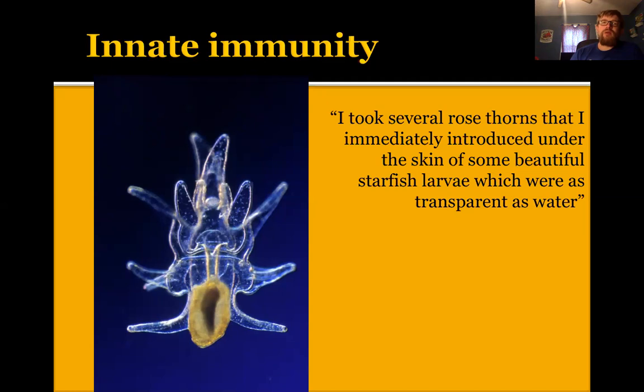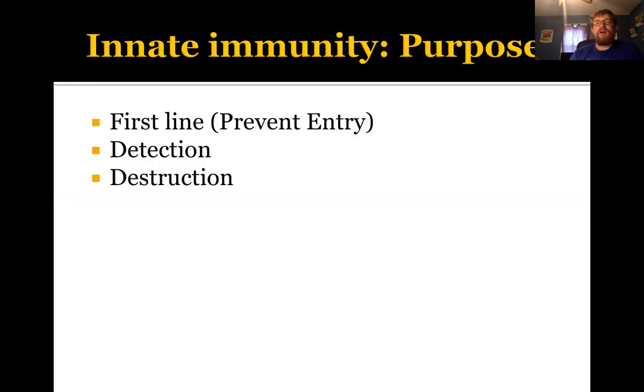You know, one of the ways that we can look at this is the innate immune system is a first responder, right? It's your body's first line of defense, all right? And so its main goal, honestly, is to prevent entry, right? Prevent that pathogen from even getting into your body, prevent you from having to detect it, prevent you from having to destroy it, right?